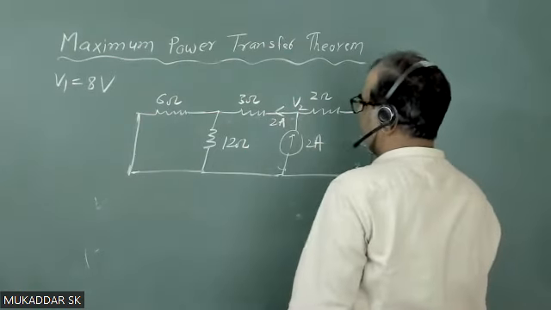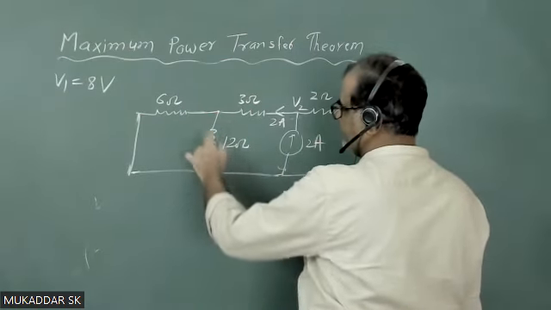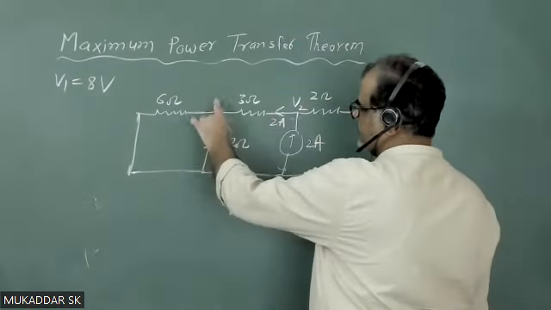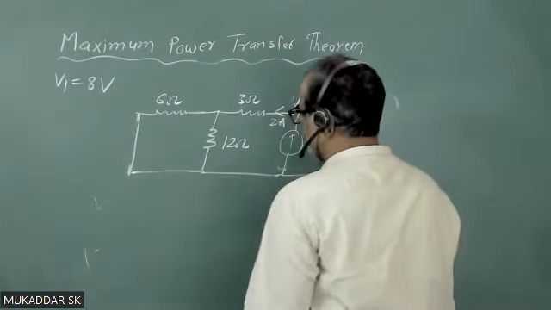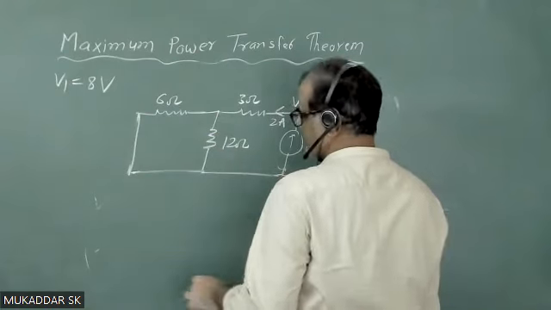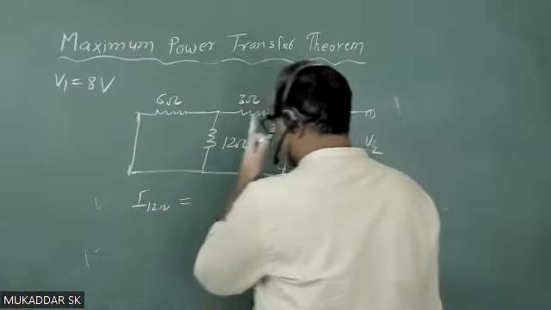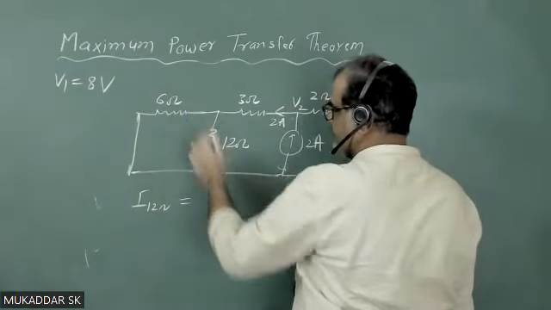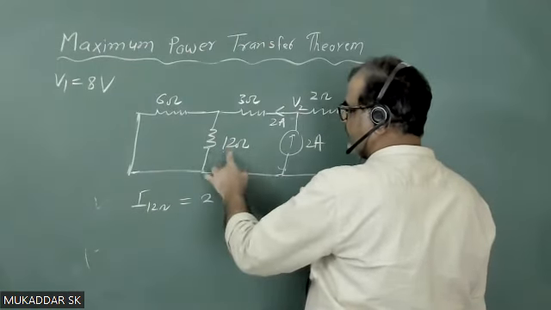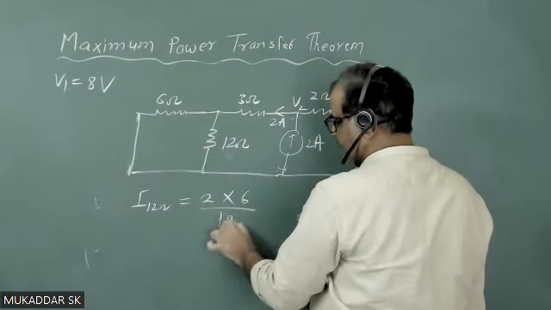Now this current will be distributed in a parallel circuit. If I want to calculate this voltage, I need to calculate the voltage here. To find the voltage drop across the 12 ohm, I first need to calculate the current, which I can do by the current division rule. To calculate the current here, I take the resistance of this one, 6, upon the total resistance, 18.